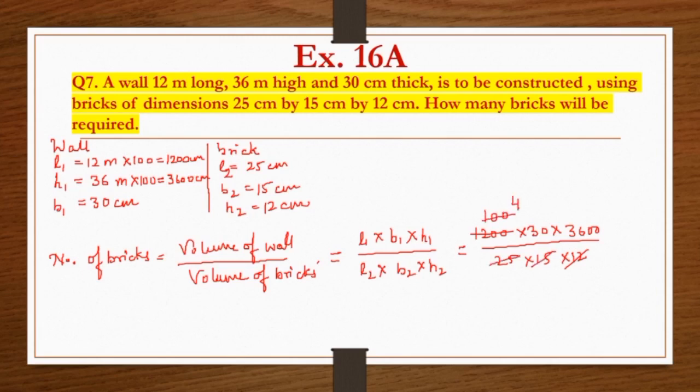Now 15 and 30 we can cancel, that is 2. So now solve, 4 twos are 8. 8 multiply 3600, you will get 28800. This has no unit because it's a number of bricks.